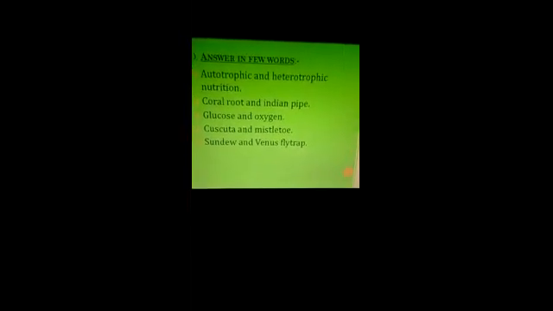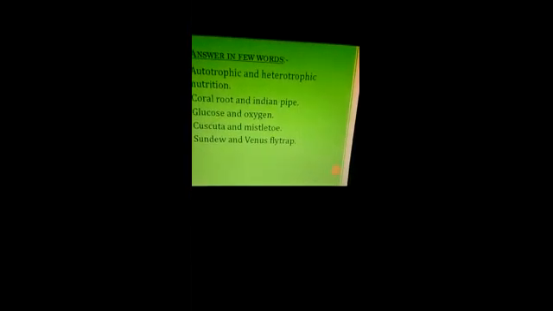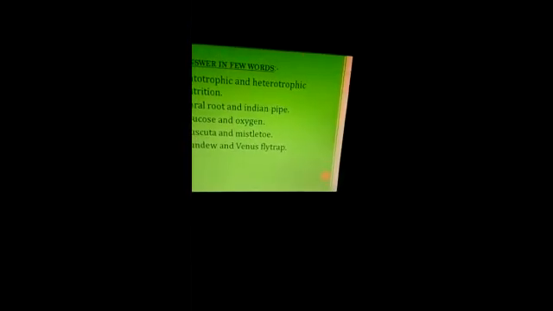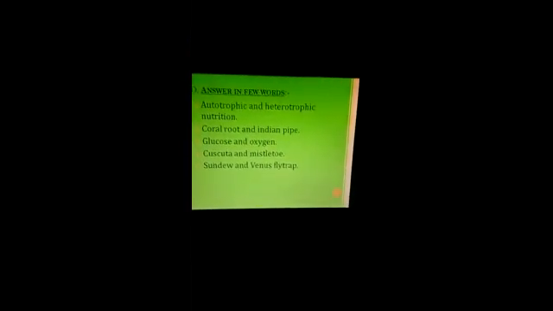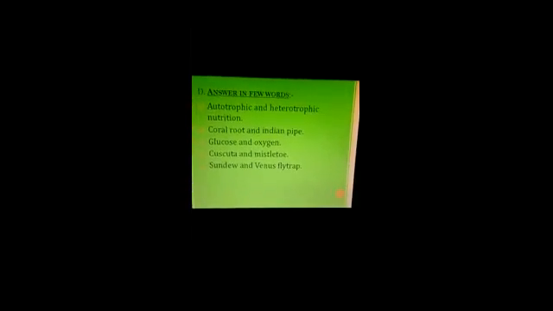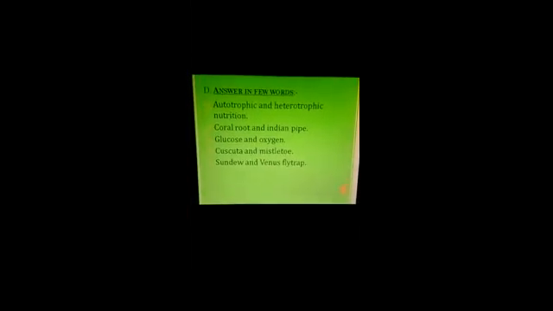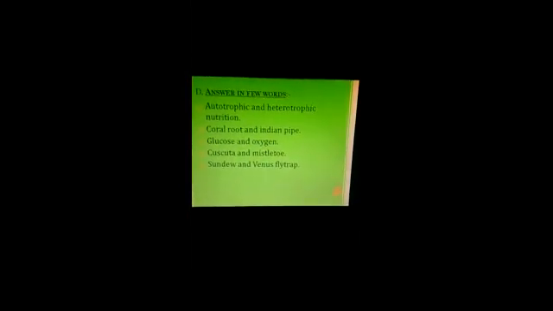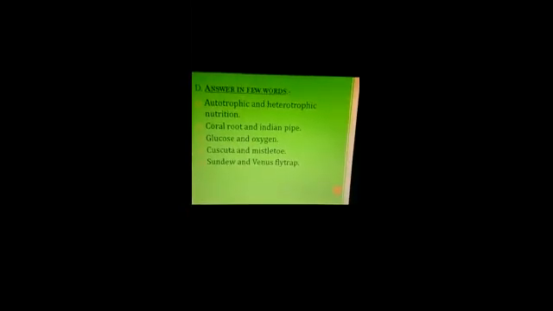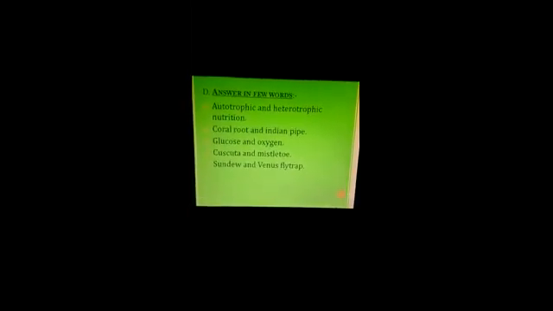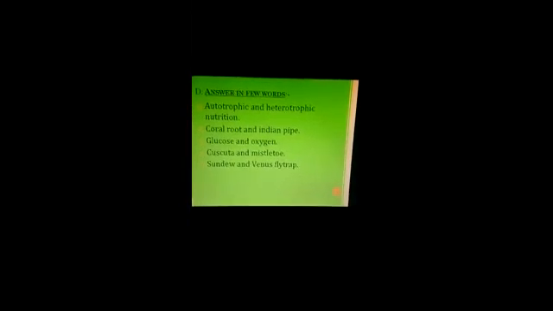Answer in few words. The first question is, name 2 modes of nutrition in plants. So, the answer will be autotrophic and heterotrophic nutrition. Question number 2, name 2 saprophytic plants. The answer will be coral root and Indian pipe.